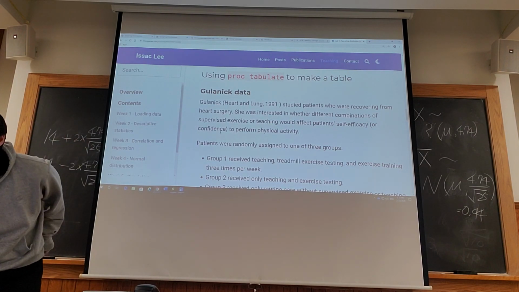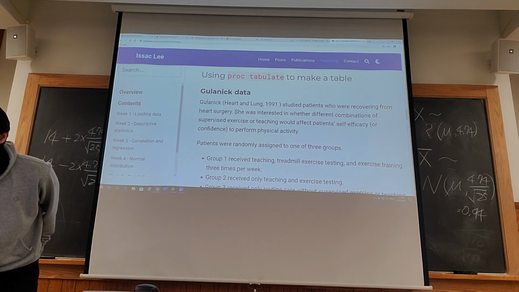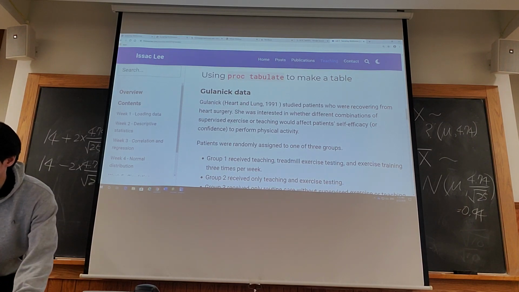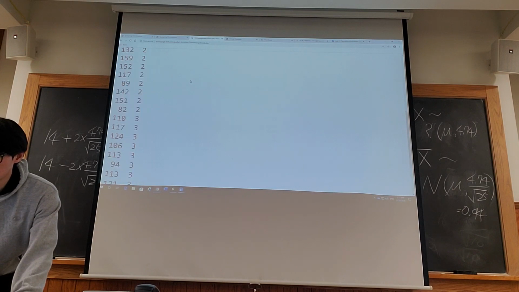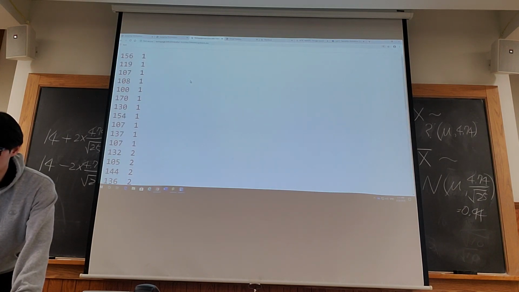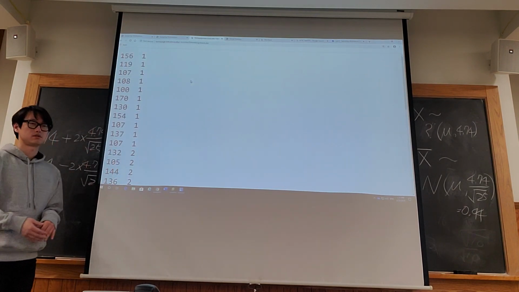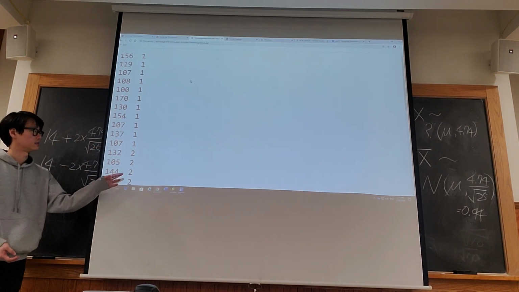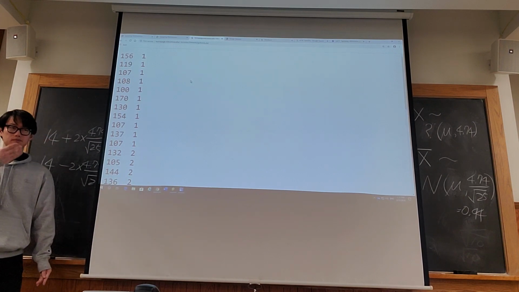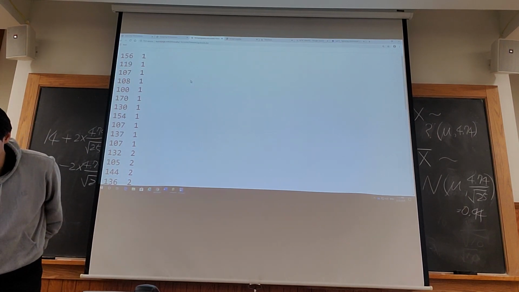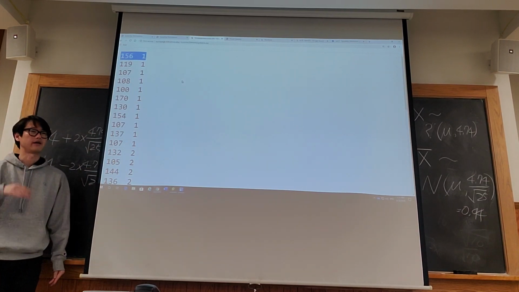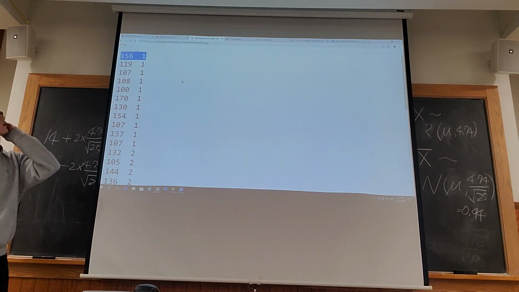Basically, we're going to use this data set, but I'm going to go to just the data set itself. So this is what our data looks like. We have two columns. One is the score, and the second one is the group. Each person, so the first person belongs to group 1, and her score is 156.